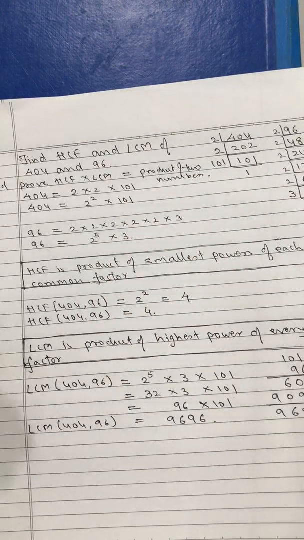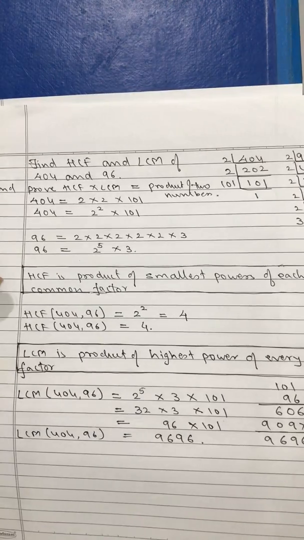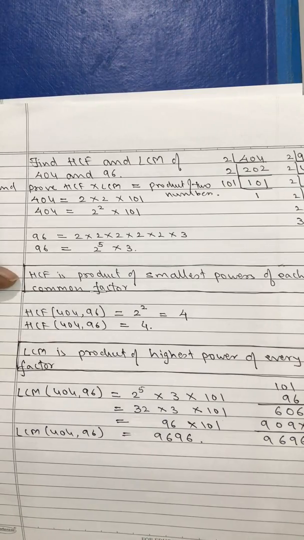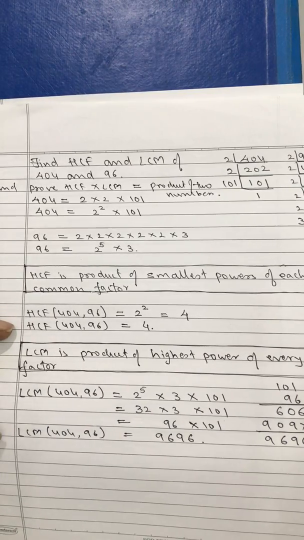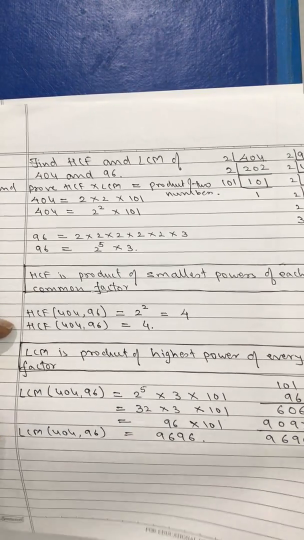They can ask a question based on this: first find the HCF and LCM of two numbers and then prove that the product of the HCF and LCM is equal to the product of the two numbers. We have found the HCF of this is 4, LCM of this is 9696.